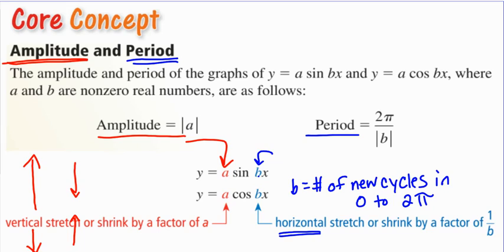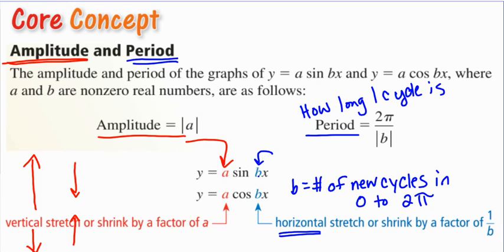So you can find out how long one cycle is, right? The period length, how long one cycle is, if you take 2 pi and divide that by the absolute value of b.